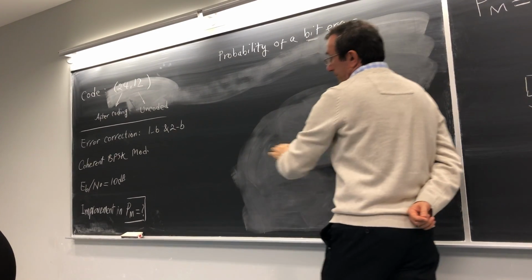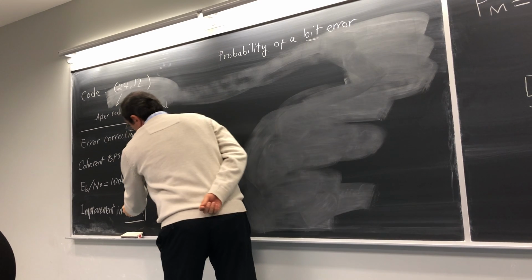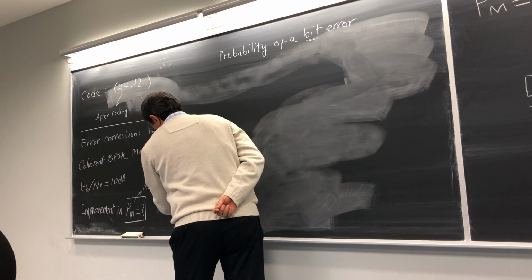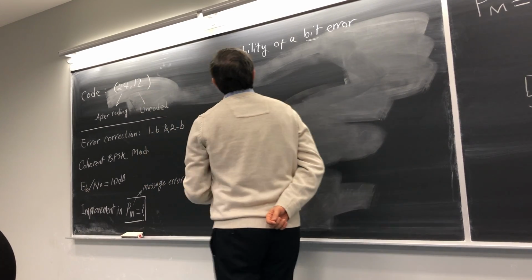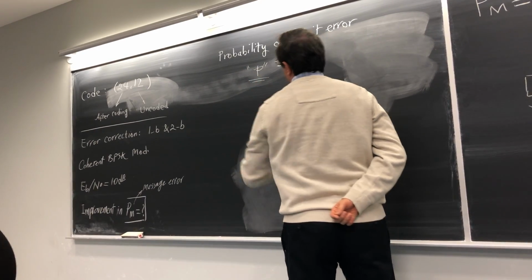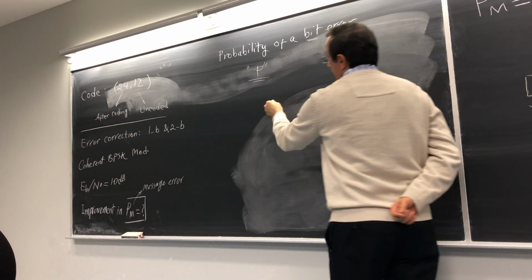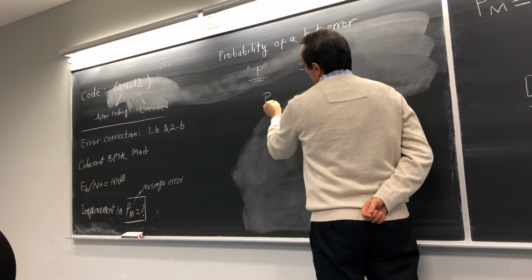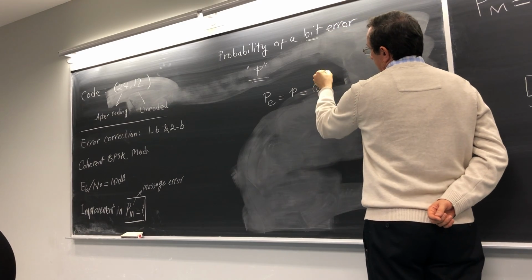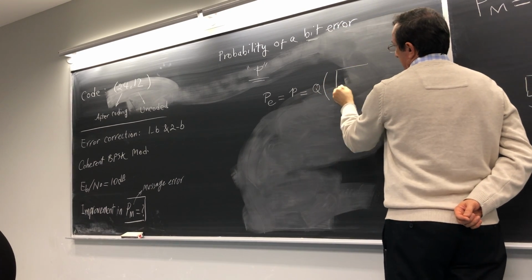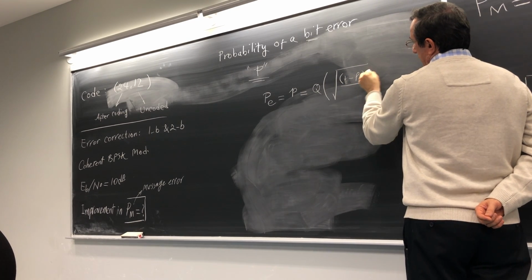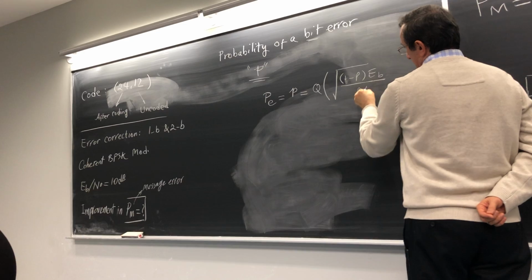This is a bit error, and different from message error. This would be the lowercase p, right? This is the error function of the square root of 1 minus rho times Eb over N naught.